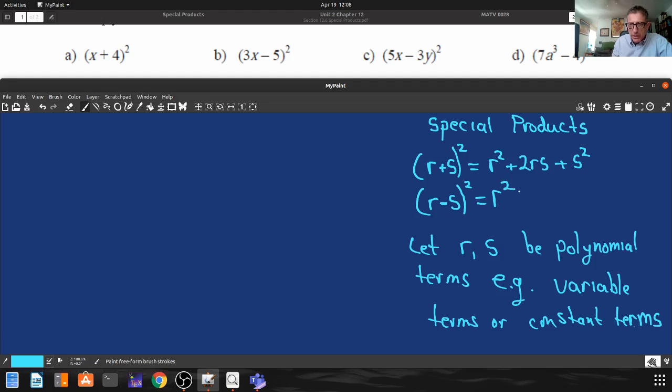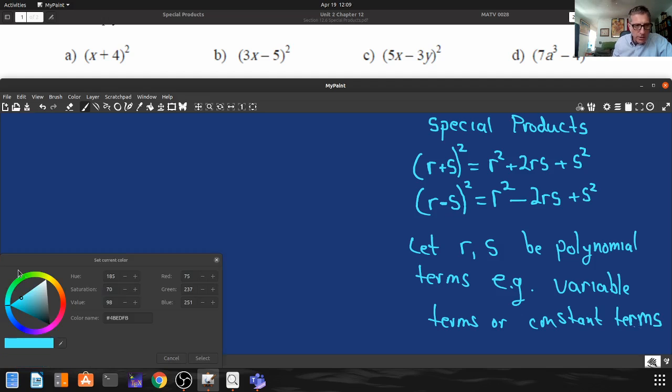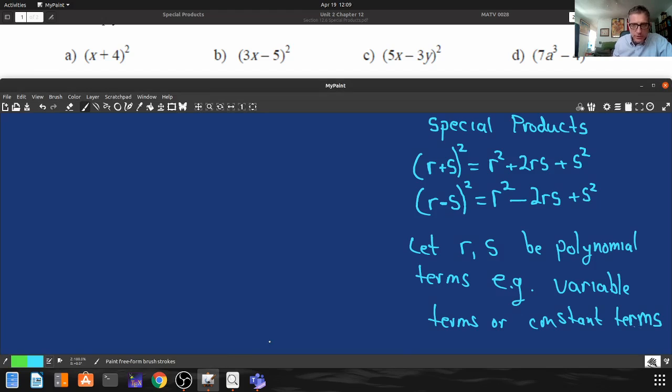That's R minus S squared equals R squared minus 2RS plus S squared. So those are the special products that we want to look at. And it deals with squaring of a binomial, squaring of binomials.